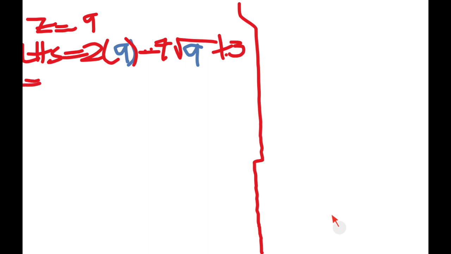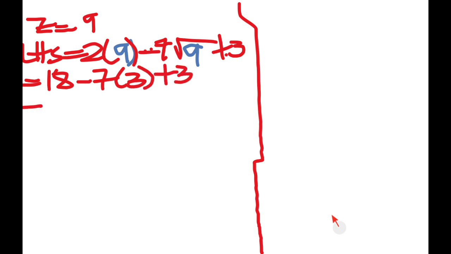That's what 2 times 9 is, minus 7 times square root of 9, which is 3, plus 3. So that's 18 plus 3, that's 21, minus 7 times 3, that is also 21, meaning that it is equal to 0.